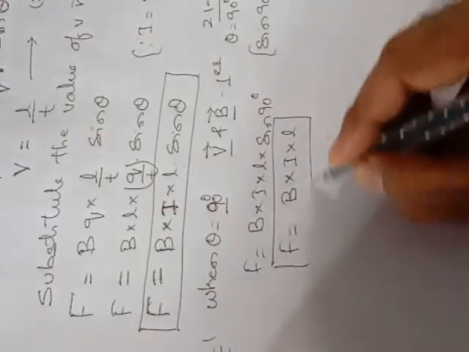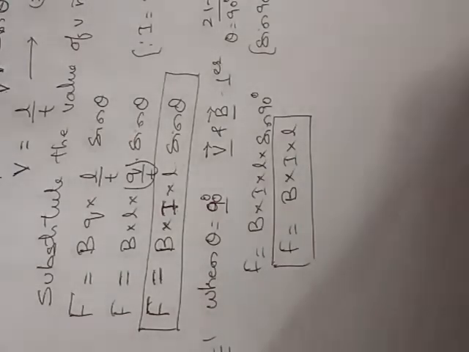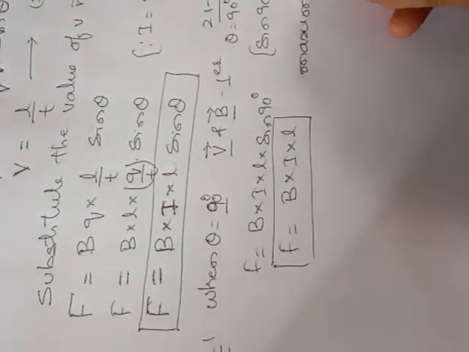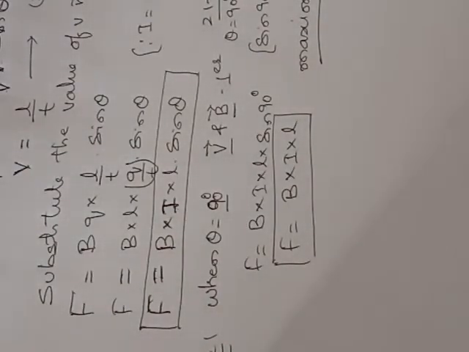So this force is the maximum force. Now when will the force be maximum? The question they may ask is when the force is maximum for the magnetic field carrying current.